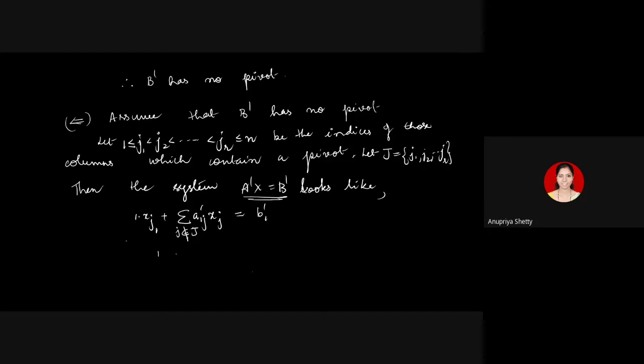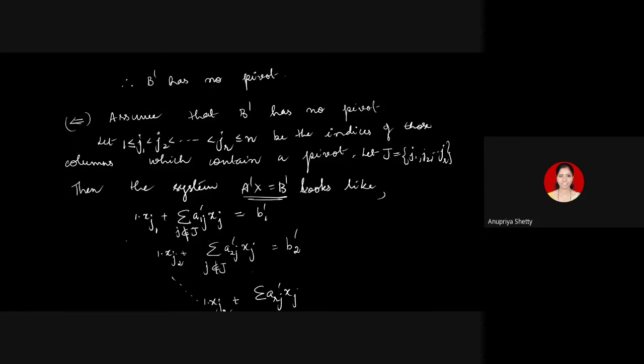But I would get 1 into xj2 plus summation a2j dash xj, again j does not belong to capital J, equal to b2 dash, and so on, up to 1 into xjr plus all the other numbers in the equation grouped together as one single summation, arj dash xj.